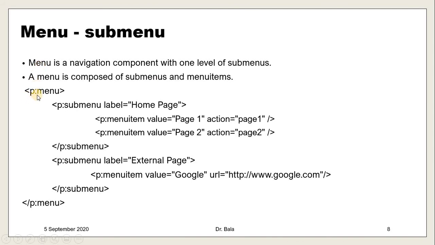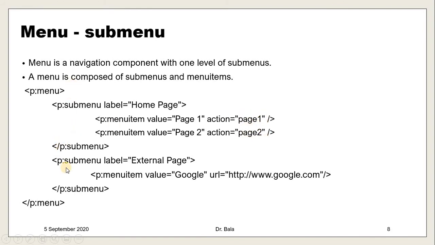For example, we are preparing the PrimeFaces menu here, and inside we have a submenu labeled home, and in the submenu we have 2 menu items inside. That is page 1 and page 2, and we mention the action for connection. So when you click page 1, it will load the page 1 XHTML, and page 2 action loads the page 2 XHTML file. We need not give the XHTML extension, it will understand.